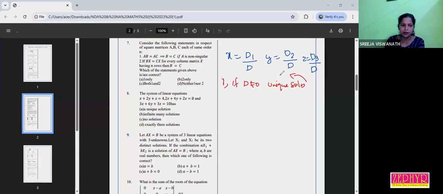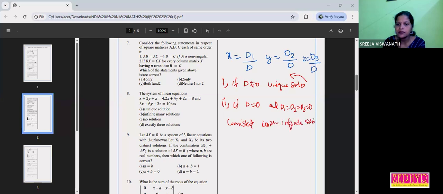If the determinant value D is non-zero, x is equal to D1 by D, y is equal to D2 by D, and z is equal to D3 by D. Second case: if D equals 0 and D1 equals D2 equals D3 equals 0, it is consistent with infinitely many solutions.